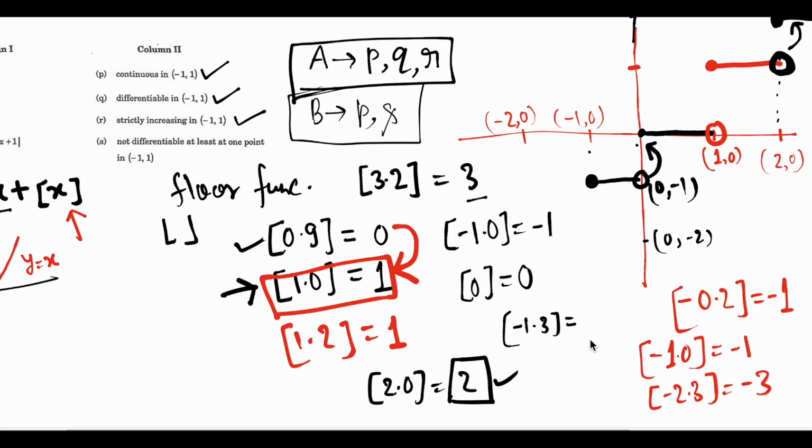So we find that minus 1.3 has a floor function value of minus 2, and for another point, minus 1.9, when we operate the floor function, it comes up as minus 2, and for one more point, minus 2, the floor function value is minus 2.